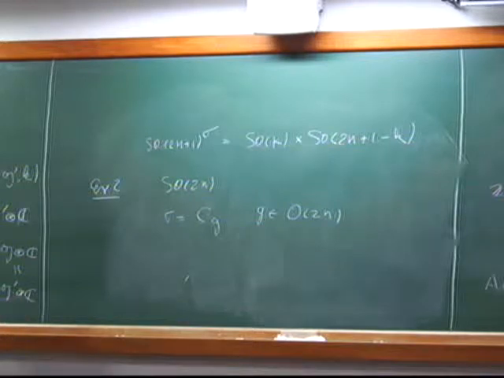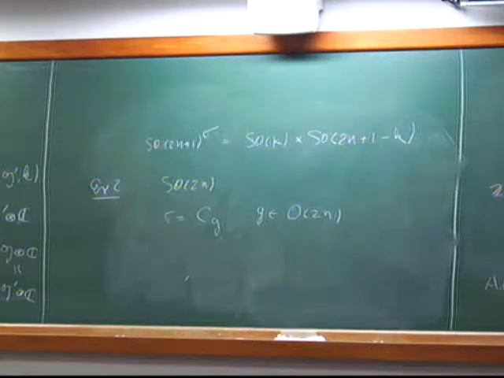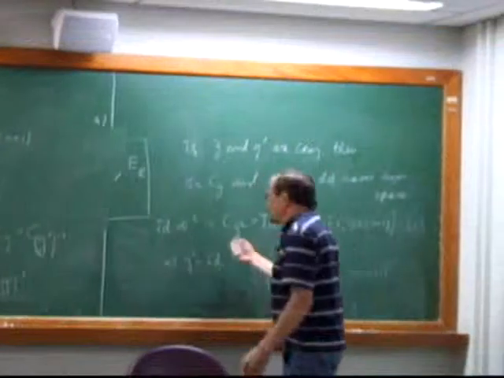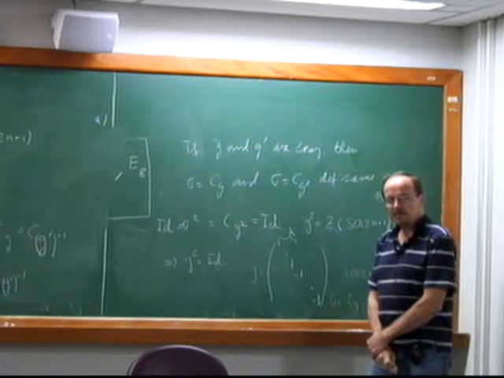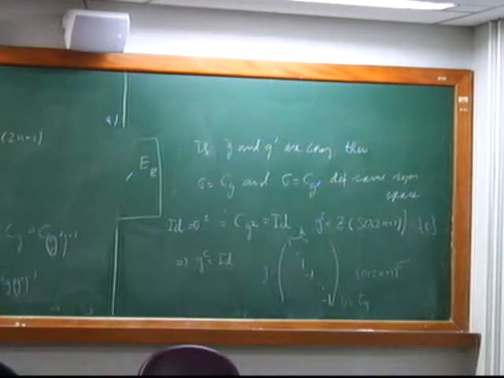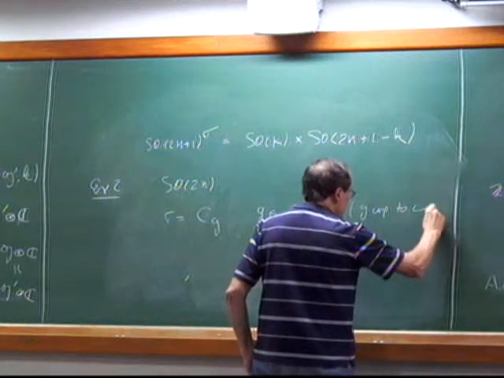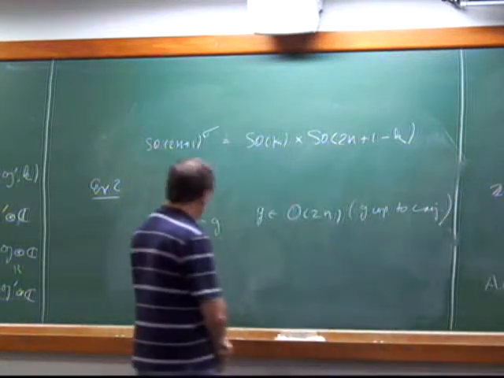And again, if I conjugate the element G with something, then the old automorphism and new automorphism give me the same thing. So I only need G up to conjugacy, otherwise I get the same symmetric pair.